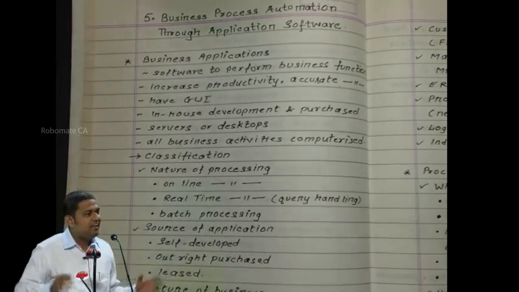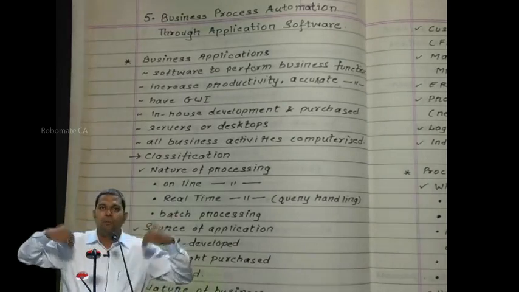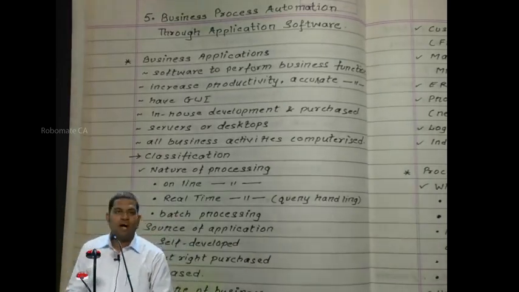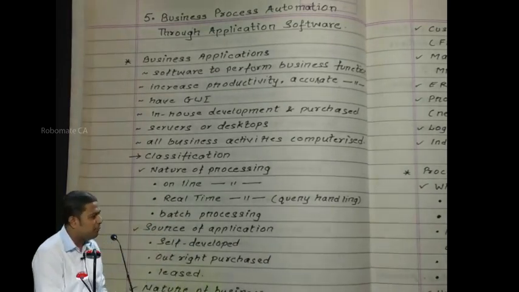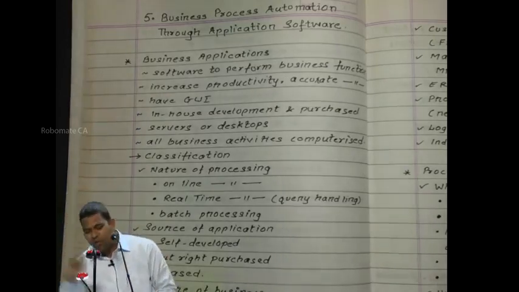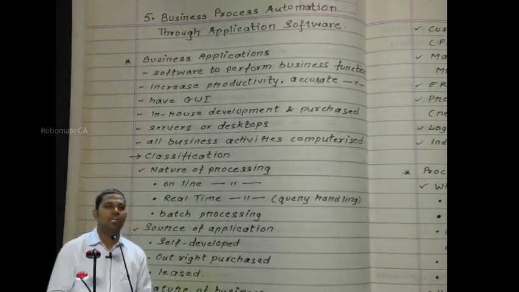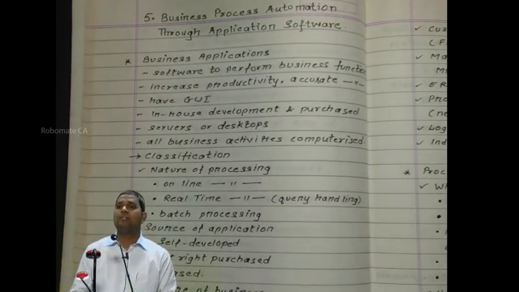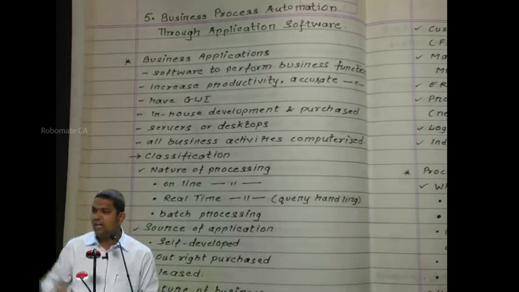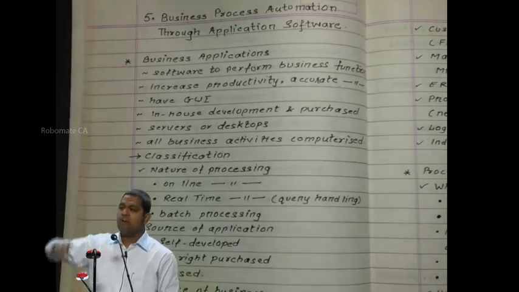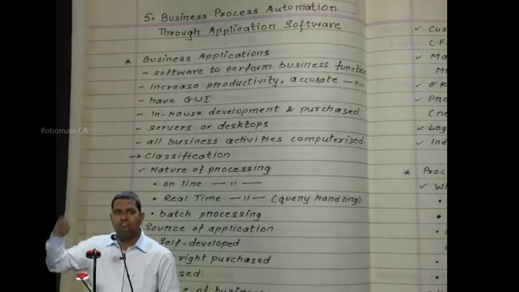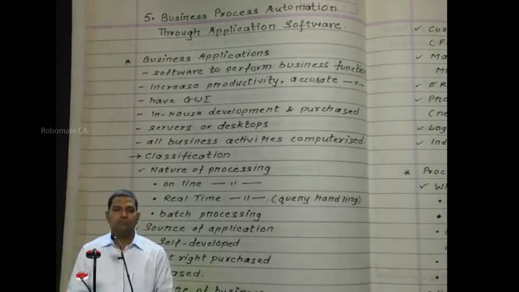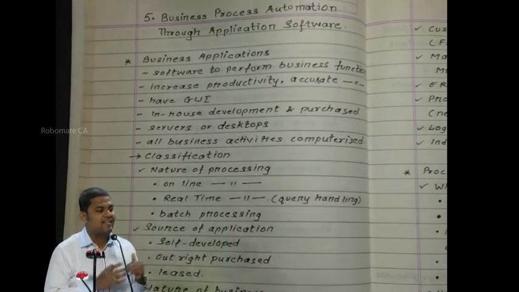It does not have any problems which a human being suffers, and that's why the accuracy of the computers will stay. It will never go down, and that's the advantage of using computers. I will be performing the business functions accurately for the first time, for the 10th time, for the 1000th time, and also for the lakhth time. It won't go down, and the productivity is enhanced.